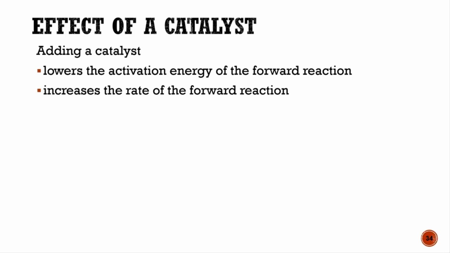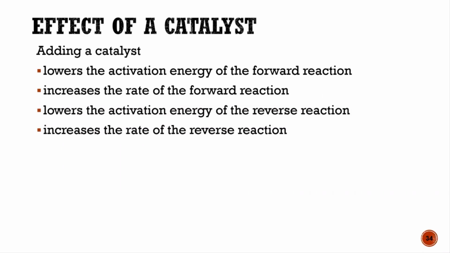We see it with enzymes, and we see how it speeds up reactions. But the catalyst also lowers the activation energy for the reverse reaction as well. So it increases the rate of the reverse reaction as well. It's both.